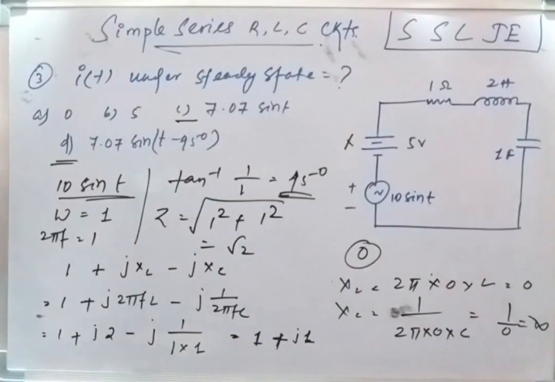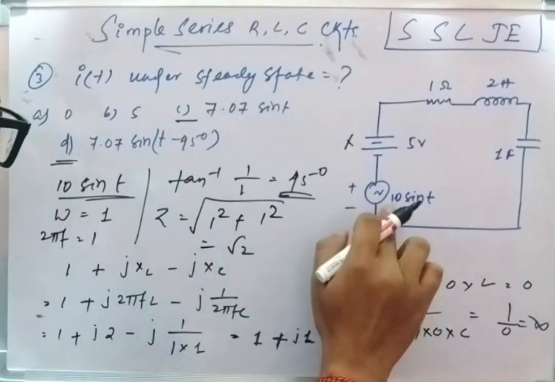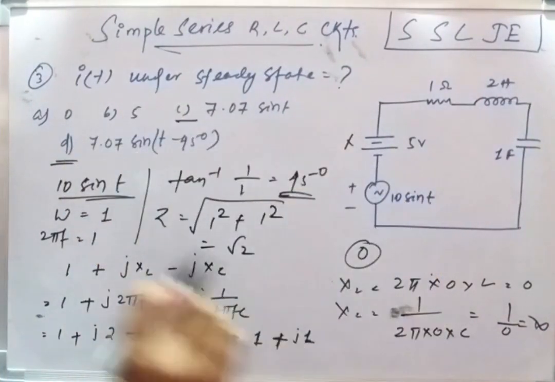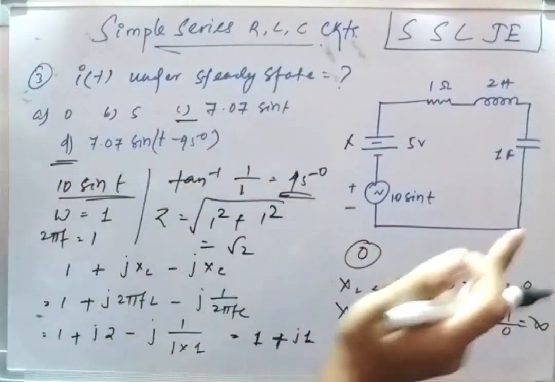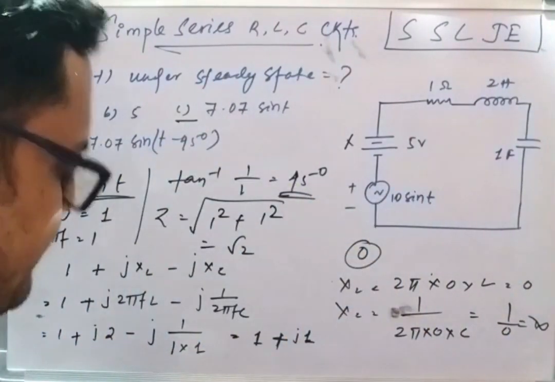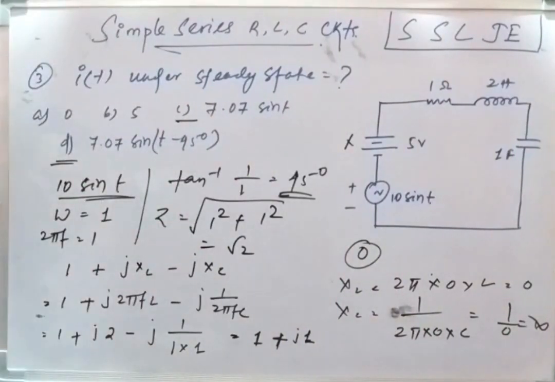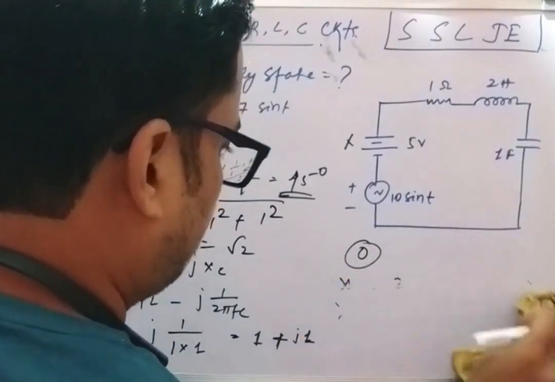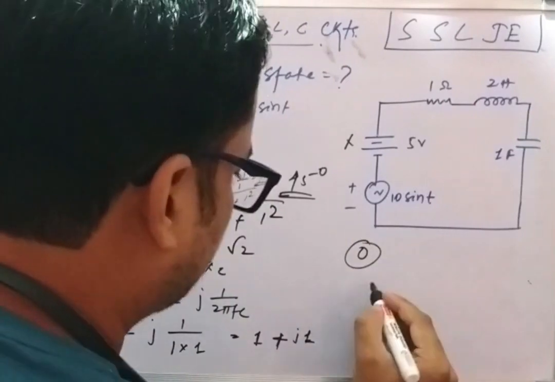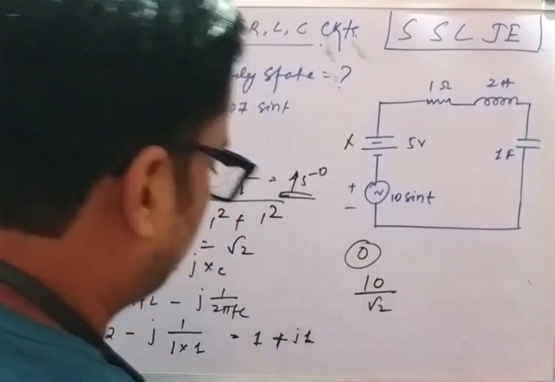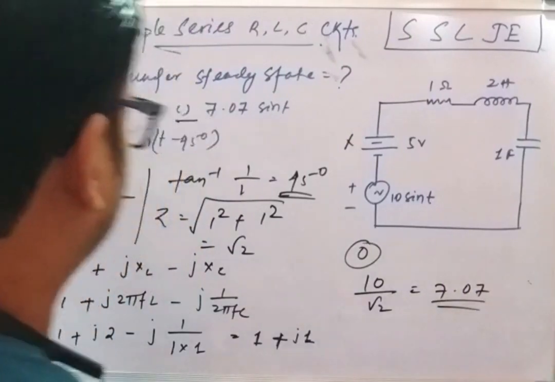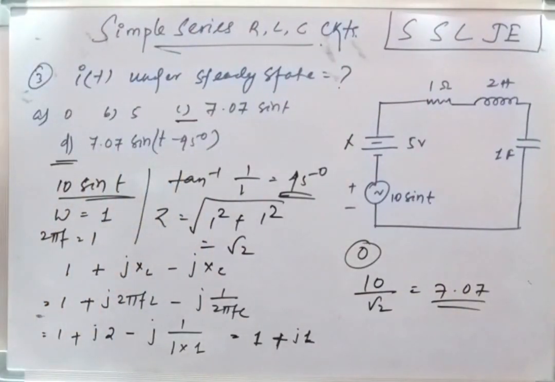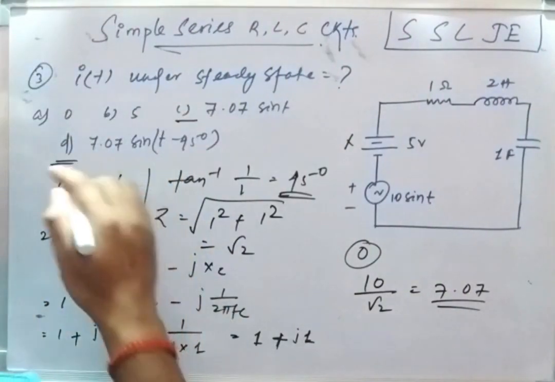And 10 is the peak voltage and we have to find the peak current. So just dividing 10 by root 2, you will get 7.07. This is your peak current value. So option D will be the correct one.